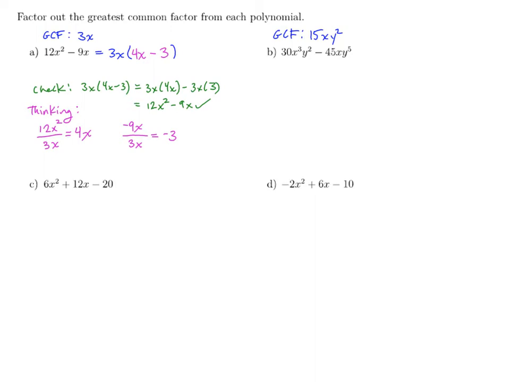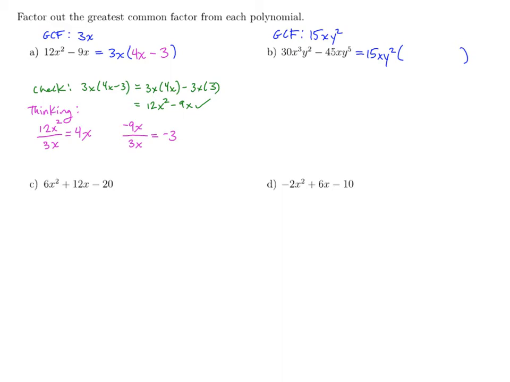So 30x cubed y squared minus 45xy to the fifth is then equal to 15xy squared times something. And now factoring out, we're writing 15xy squared as a factor. So when we write that out front, we need to figure out what's left from the 30x cubed y squared that we started with and from the negative 45xy to the fifth that we started with.